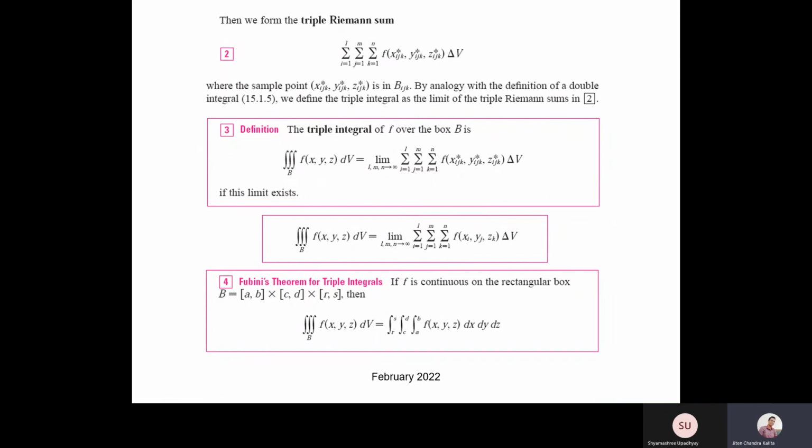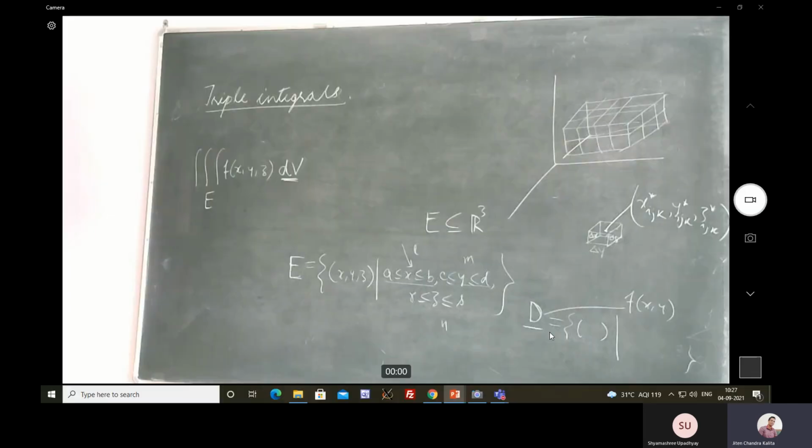Okay. So now, next thing we are going to consider is triple integrals over a general bounded region.